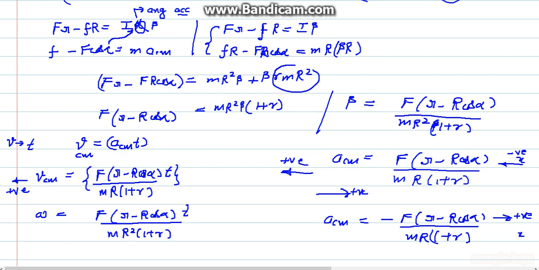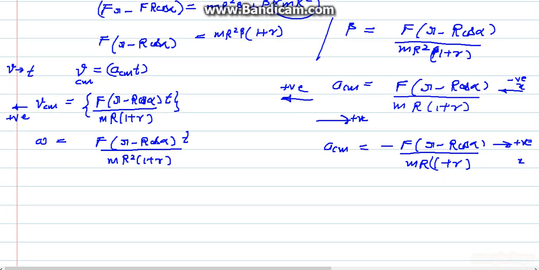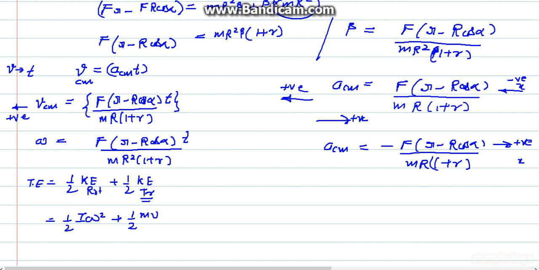What is the total energy of the system? Total energy will be rotational kinetic energy and translational kinetic energy, that is half I omega square plus half mv square.